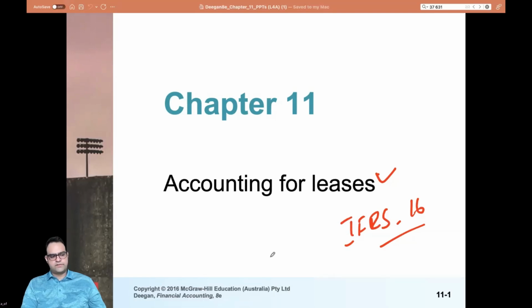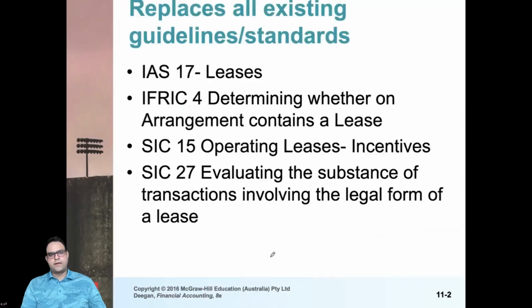So when I was doing my bachelor's, my accounting standard was 17, and there were certain changes which I read recently as compared to the accounting standards from 5 or 10 years back.